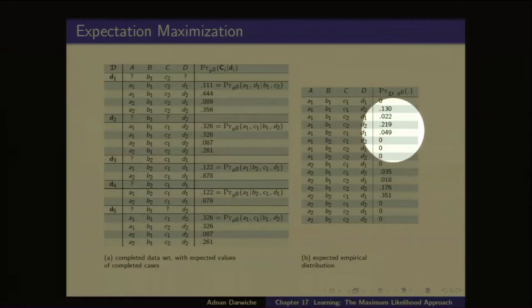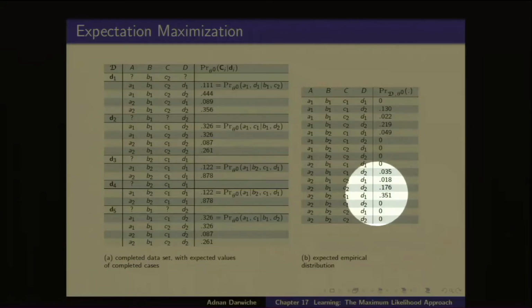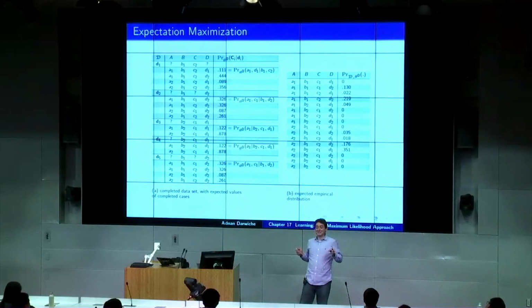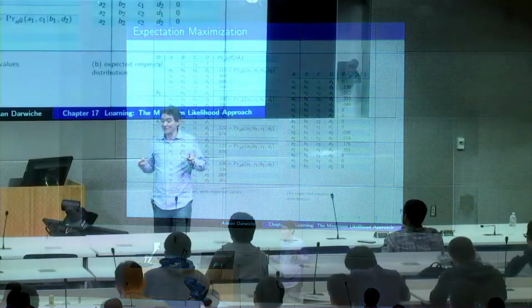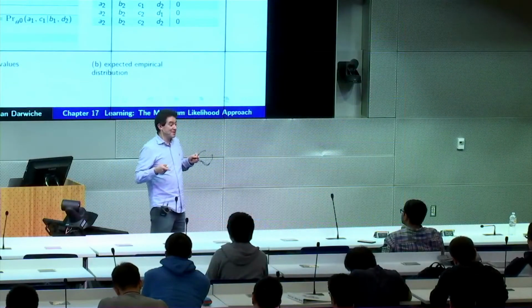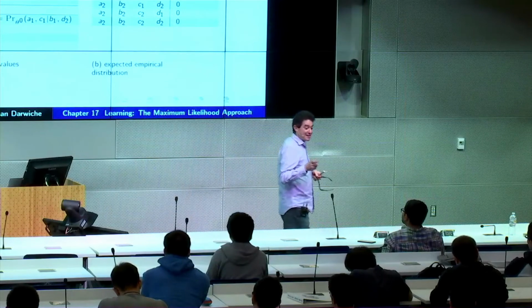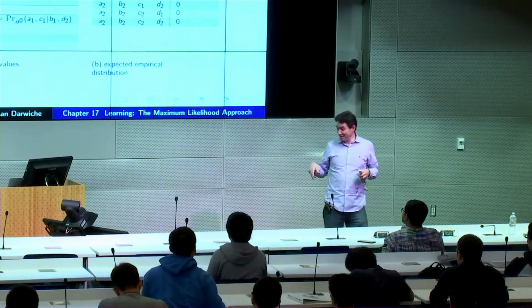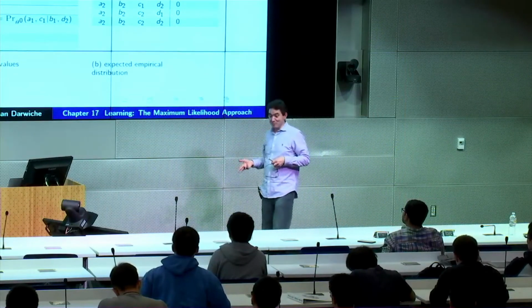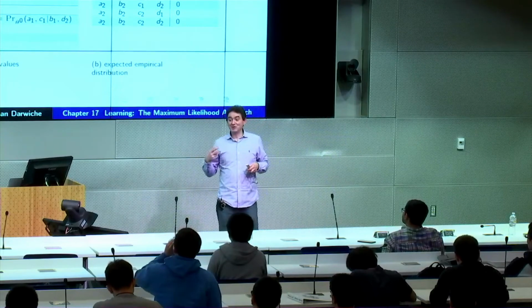The estimates, theta 1, just like we did with complete data. What's going to happen next? Now that I have theta 1, I repeat the process. I use it to complete the data set again and get another empirical distribution, and I use that to get theta 2.